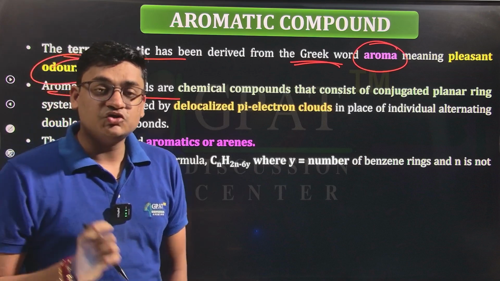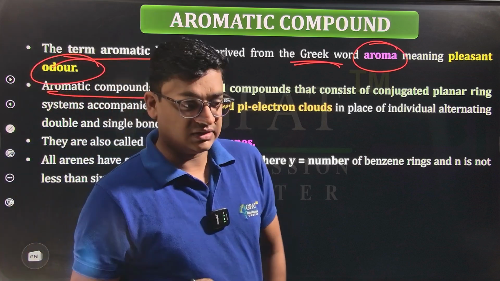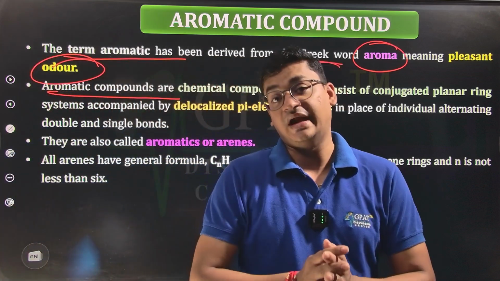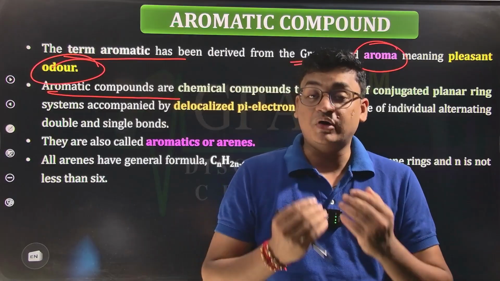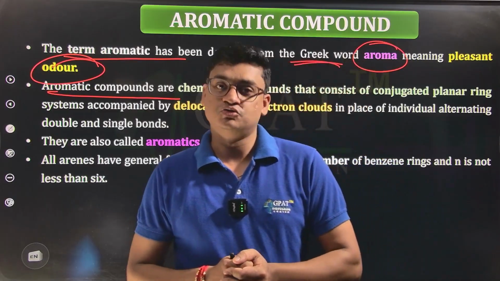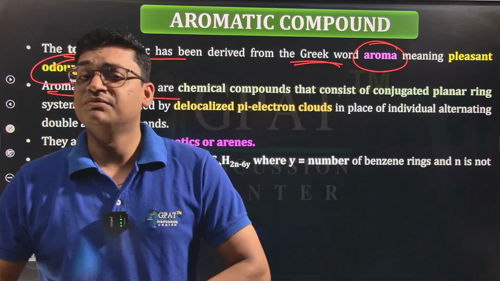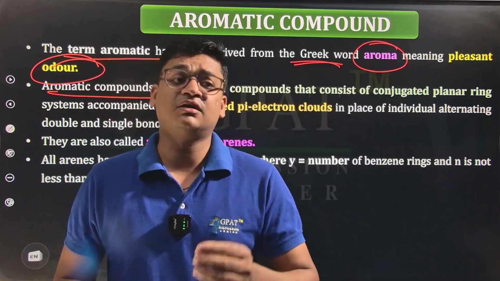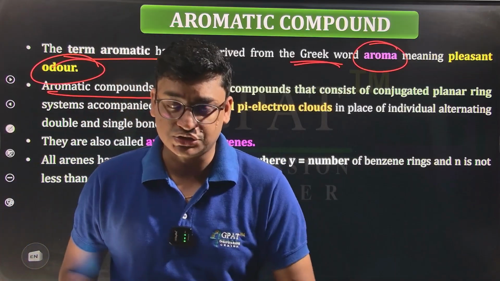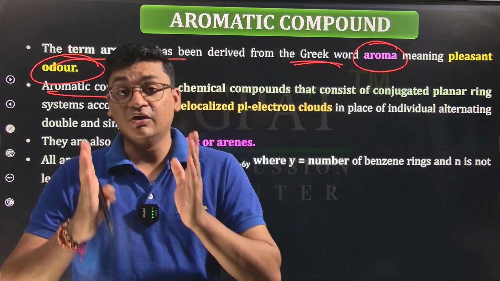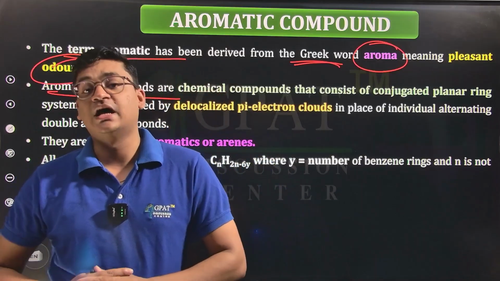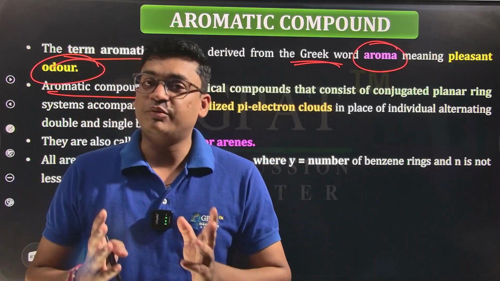Now this conjugated planar ring structure is one of the most important criteria for any compound to show its aromatic character. This aromaticity is present in a compound that has a cyclic structure. Only a cyclic structure can have aromatic characters, aromatic properties.